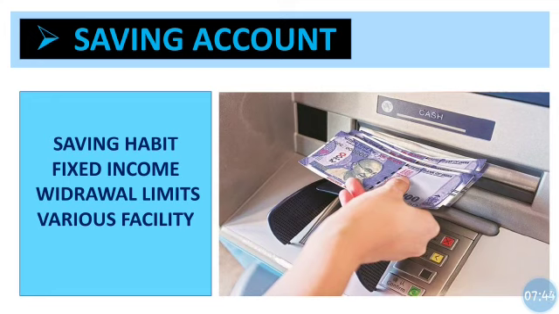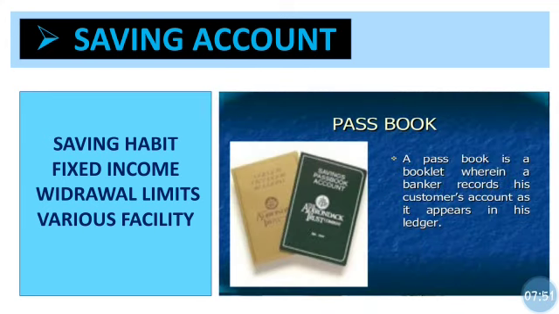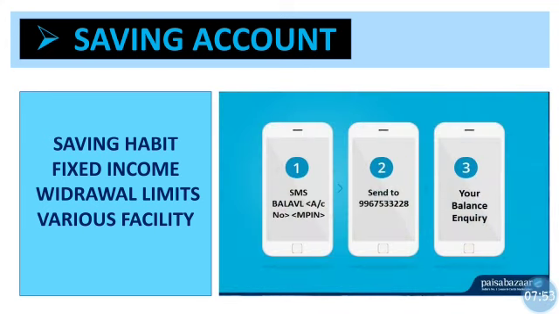Various other facilities are provided to account holders such as passbook facility, balance on SMS, etc. Whenever there will be excess of amount in saving account, automatically it gets transferred to fixed deposit or recurring deposit if the customer wish then.